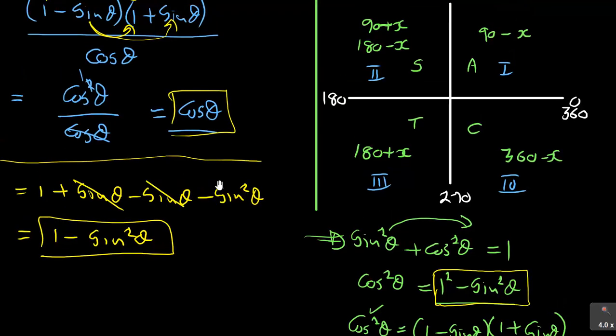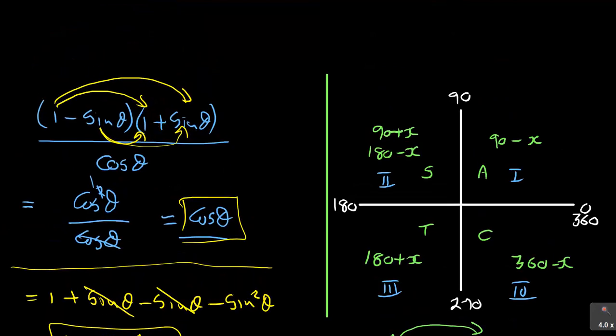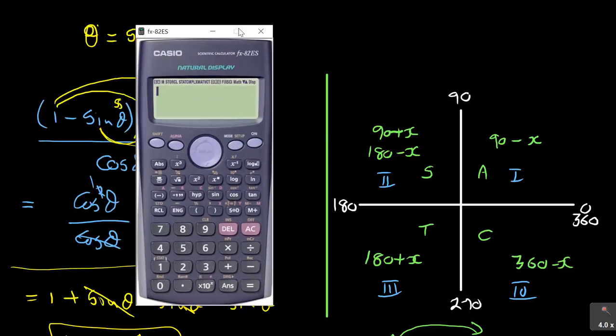So you can test it again. Choose any value of theta. For example, you can say let my theta be equal to 55. Where there is theta, you put your 55, just to be more sure.